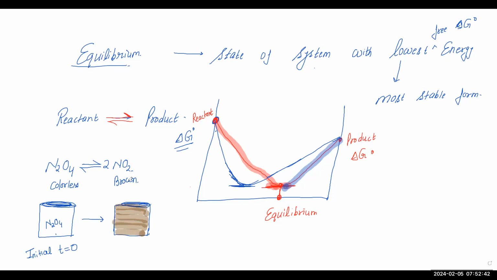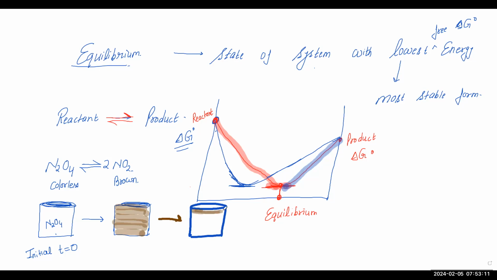It means NO2 has started forming. After some more time, you will see the intensity of the brown color in the container has increased. Please understand this. If you understand this, then equilibrium is not going to trouble you at all.